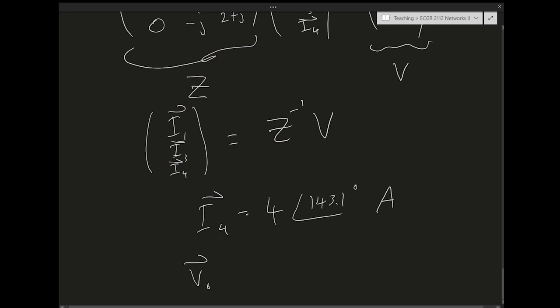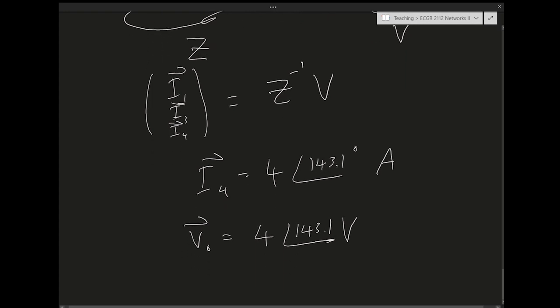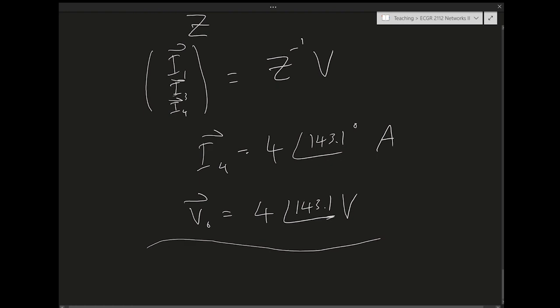So VO is going to be this current times 1 ohm, so 4 angle 143.1 volt. Okay. The next step is using the Norton and Thevenin techniques to solve this problem. So we will do that next.